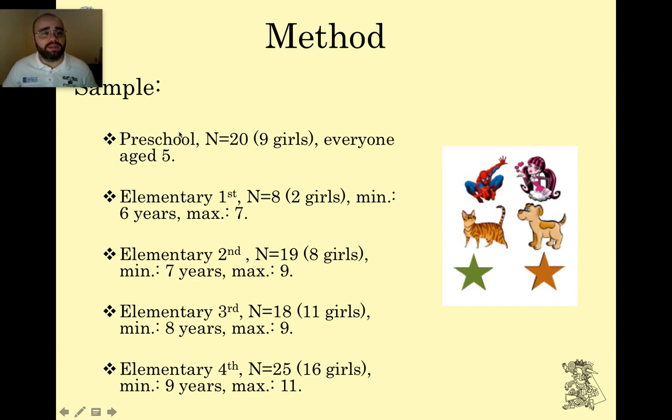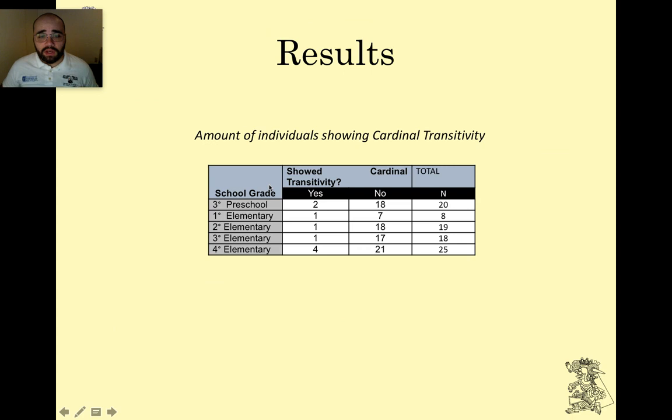So mainly I dealt with preschool and different grades of elementary children. And these were the stimuli that I used for the experiment. So for the amount of children which showed cardinal transitivity, these are the total of children.